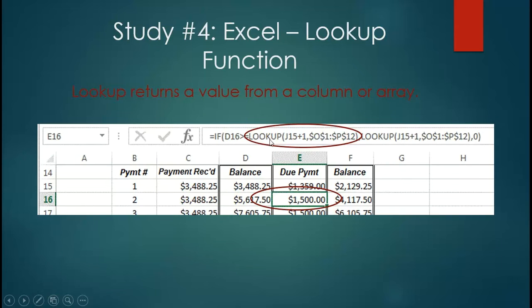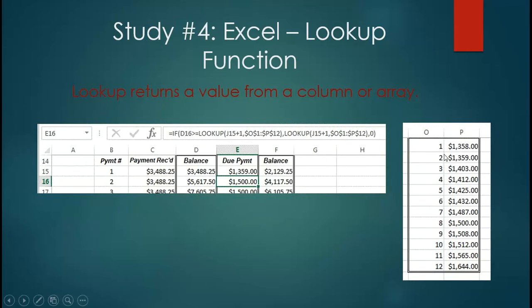Basically, it's taking a number and we need to match it to an array or a table. In this spreadsheet, this is the table that it's looking at. It's taking J15, adding 1, and saying find that number in that table and give me the amount.